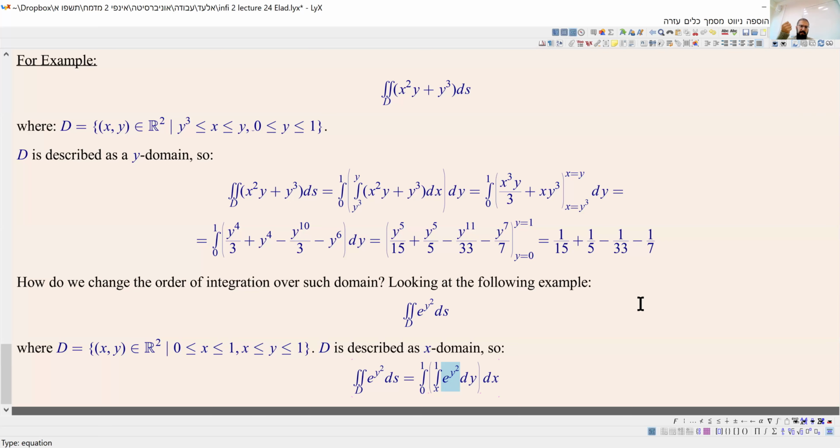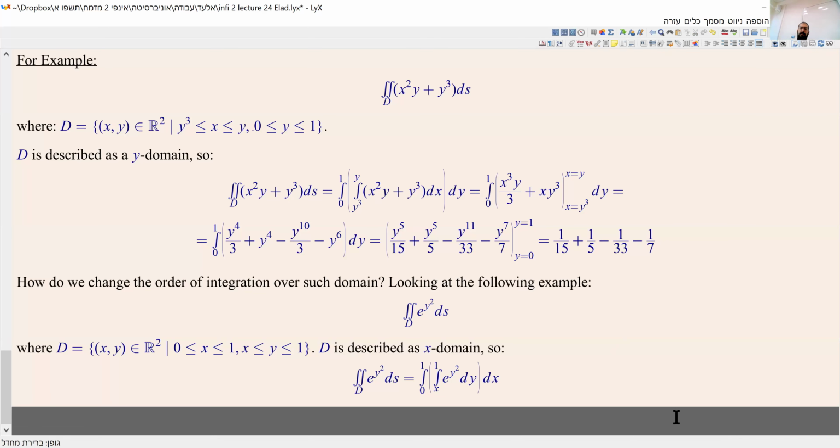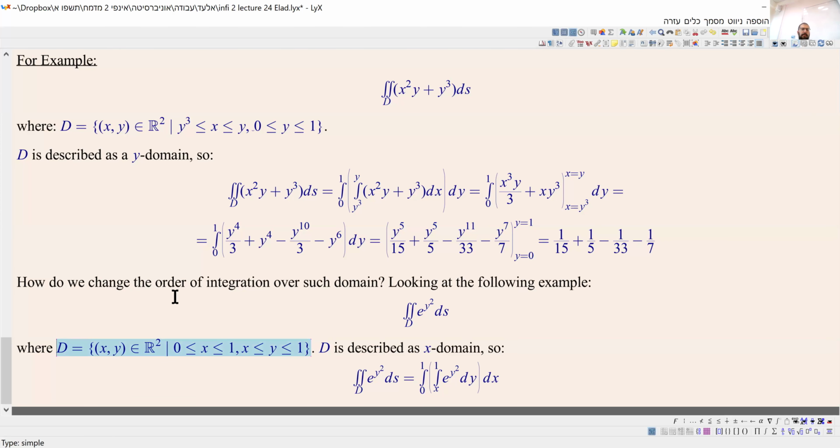The problem is that when it comes to an x domain, we cannot integrate first by x and then by y, because we will finish with x, not with a number, as we desire. So the problem is not connected to integrals at all, actually. The problem is, how do we describe this domain D as a y domain?